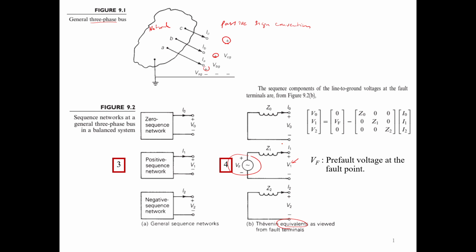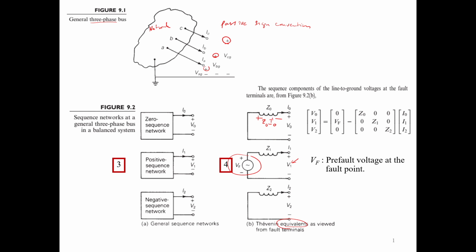We have the fault voltage only in the positive sequence network, whereby the other two sequences don't have any voltage source. If you write down the VI characteristics for this, if the current is flowing this way, it creates positive polarity on this side and negative on this side, and the voltage drop across Z0 is Z0 times I0.